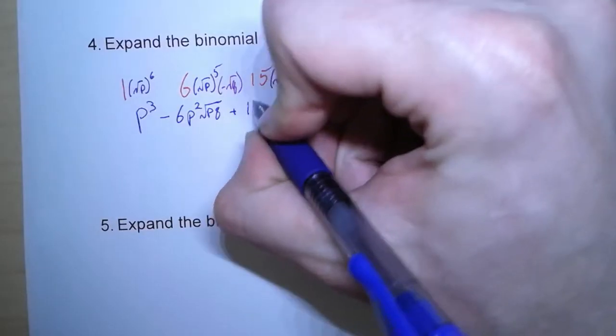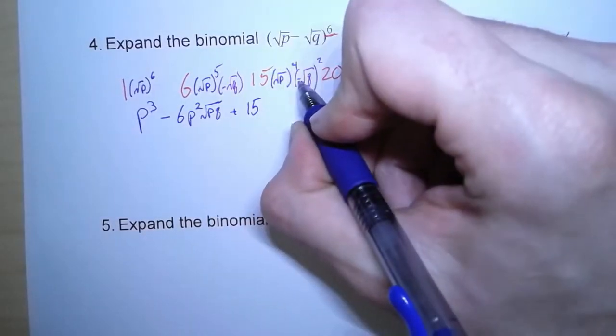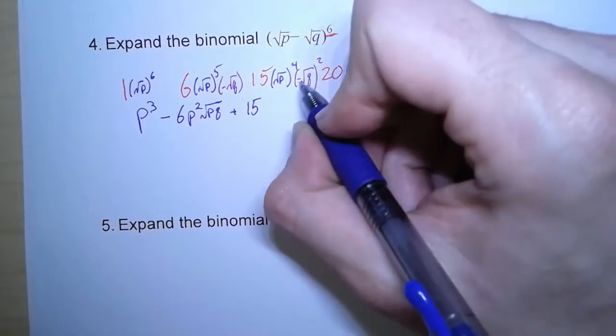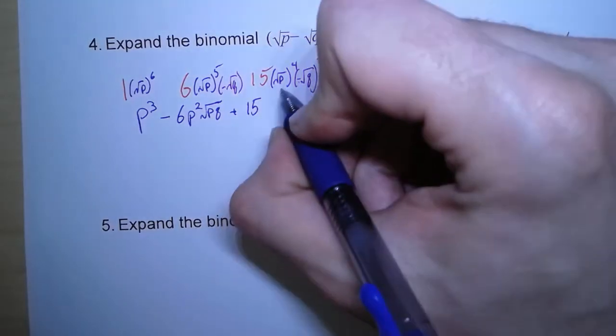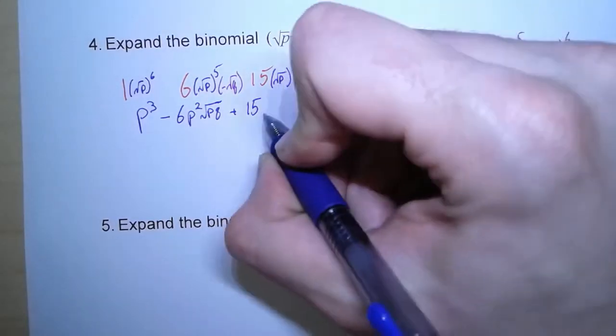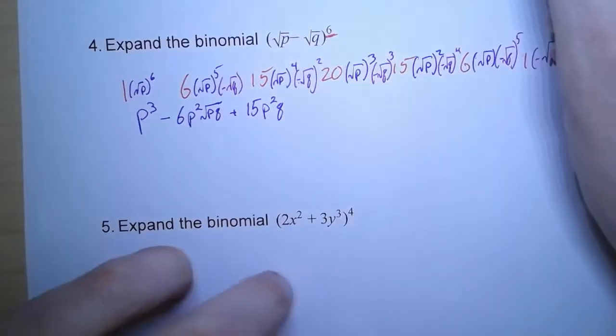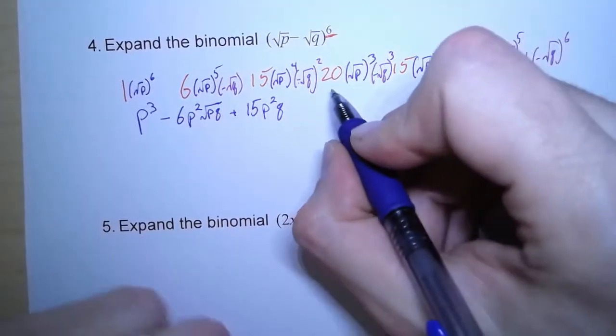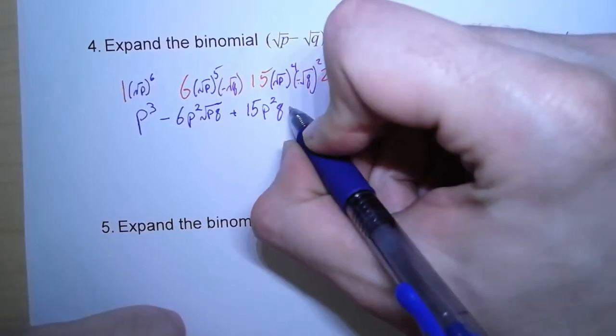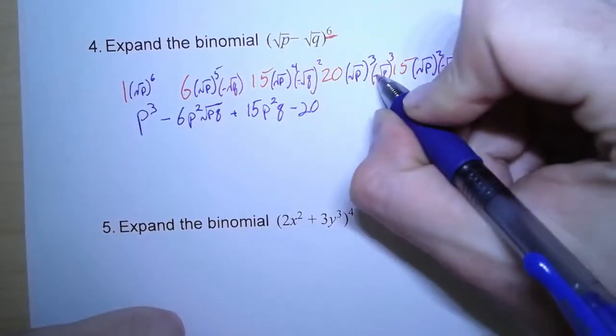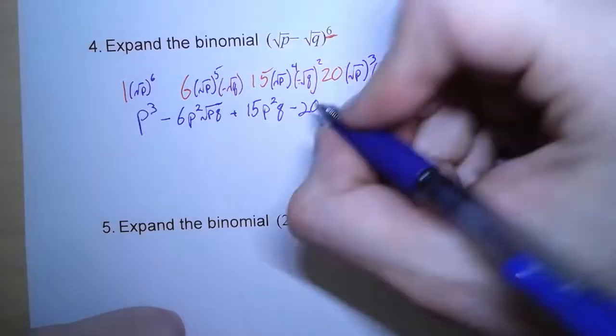So next we have 15. Now it's positive because this is being squared, and so there is no negative. Now because square root of p is being raised to the 4th, we're just left with p squared times q. Here for this middle term, we have negative 20 because the negative is being cubed, so it will stay negative.